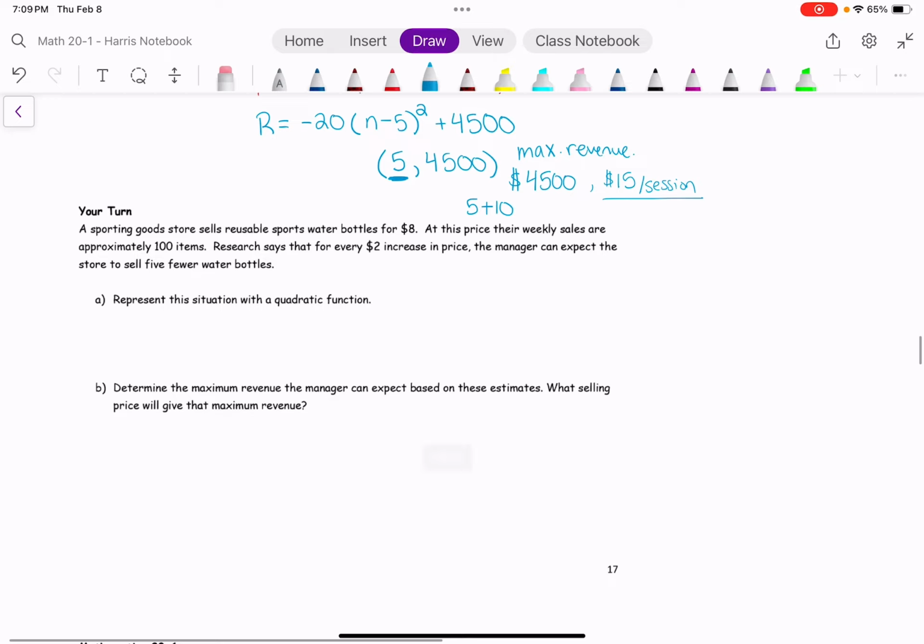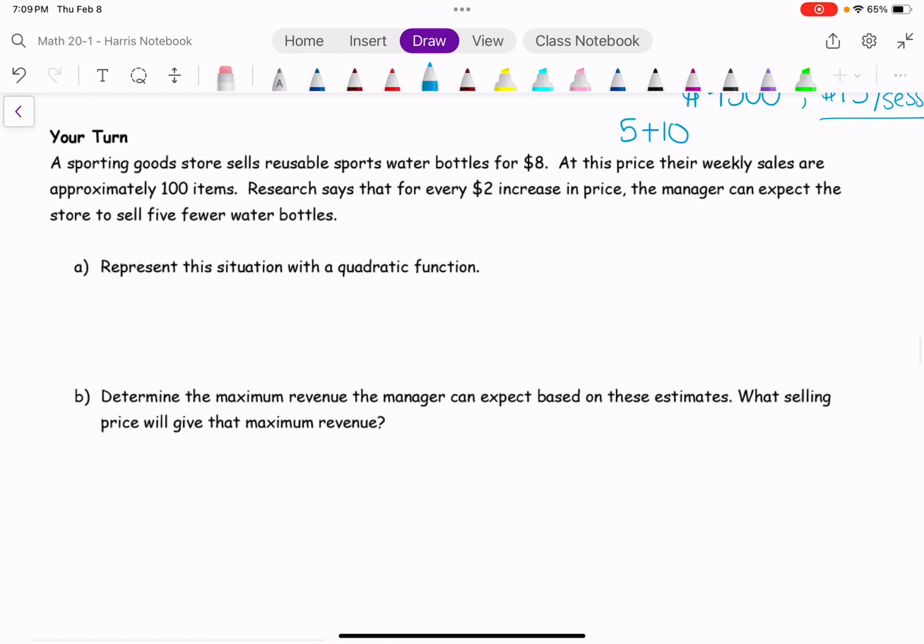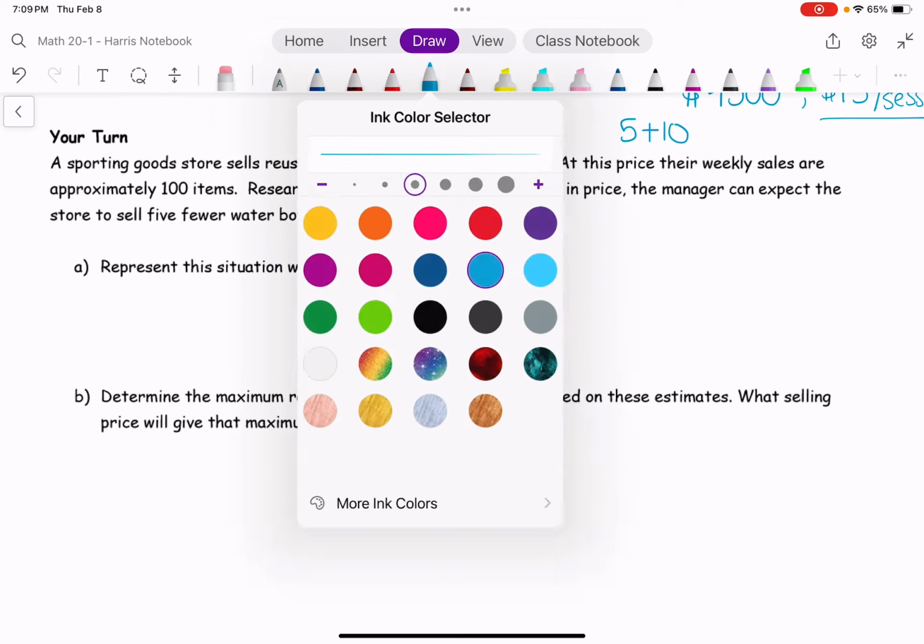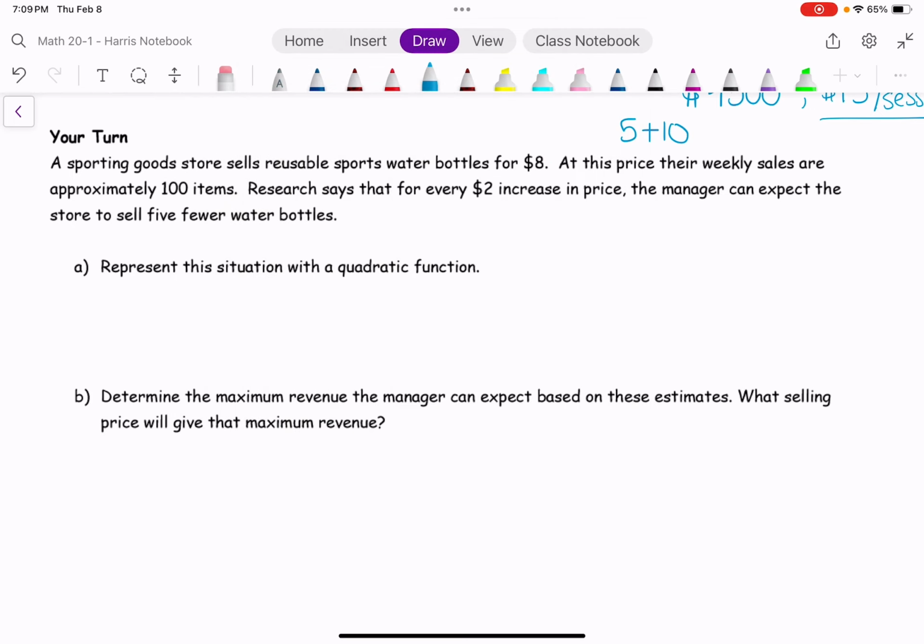So here's the your turn in a formula. You can pause it here, give yourselves 5 minutes to try on your own, and then I will write out the pieces and the answers. So I'm going to let n be the number of increases.